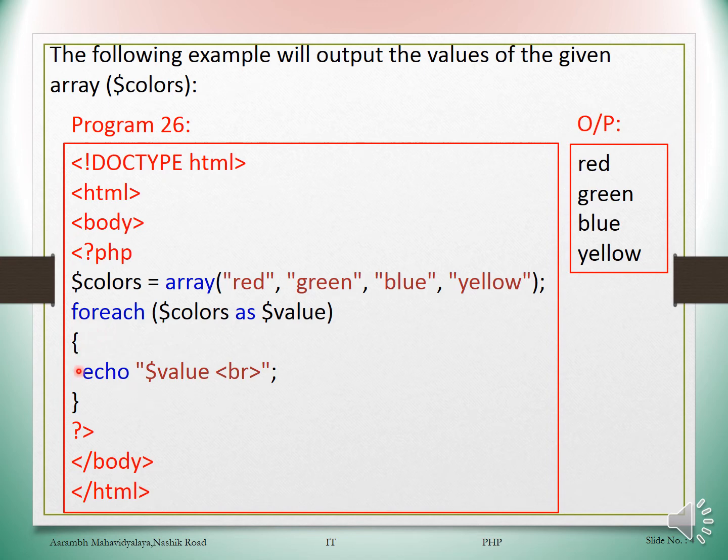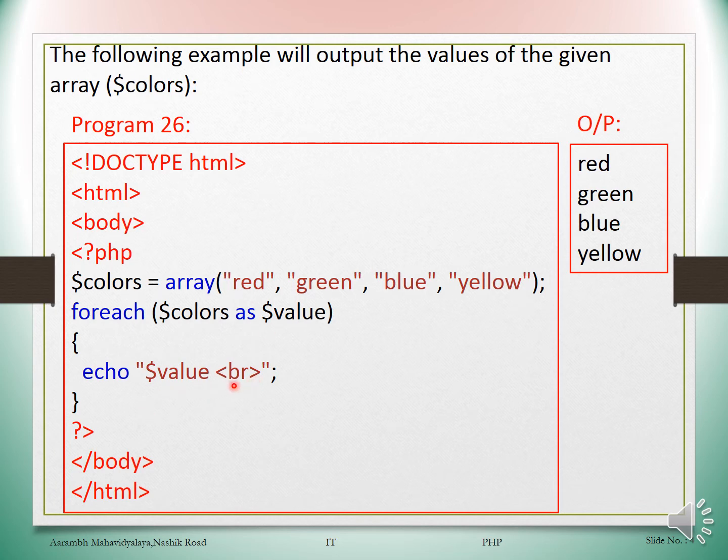Now open the foreach loop and then to display the values we have to use the echo keyword. Echo will display the output of this variable. Now here $value and a break are provided. $value will display these four values.